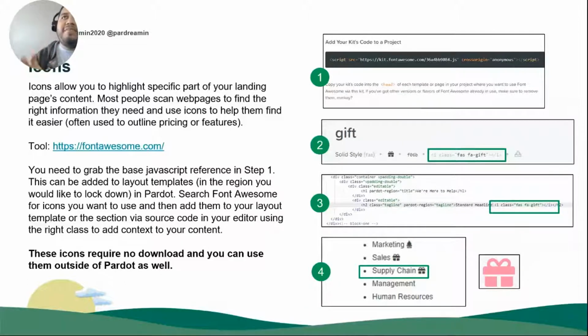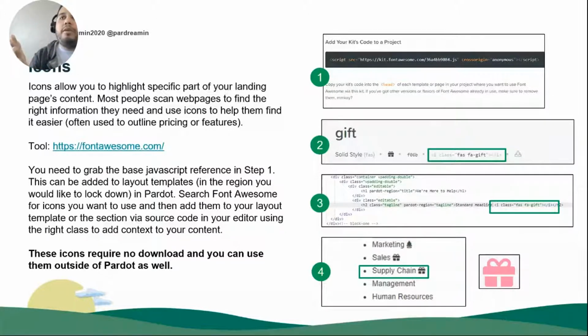That used to not be the case back in the day, but now you do. And when you do, it's a free account. You also have access to premium icons if you decide to pay for those. But ultimately, same process. You grab this line of code at the very top, you add it to your landing pages, and then they have a whole library of icons that you can use.